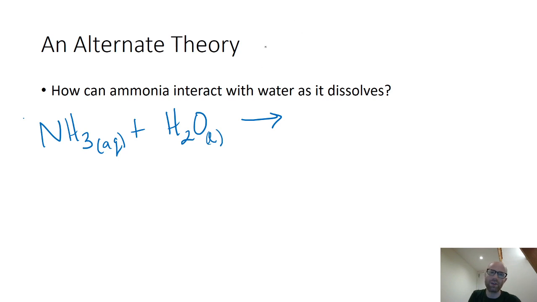So here's the thing I want to show you though. Keep in mind that I said that when water interacts with an H plus ion, it makes a covalent bond, and that's where you get your hydronium ion.